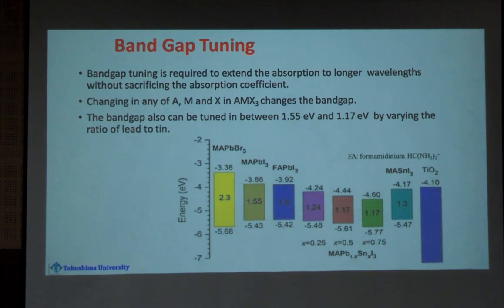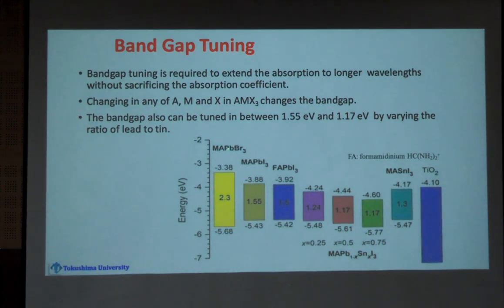So in the search for good material for solar cells, perovskite, and among perovskites there are several combinations. This combination has a certain band gap which is tuned between 1.5 electron volt to 1.17 electron volt. This kind of combination can be varied by the ratio of lead to tin, Pb and Sn.